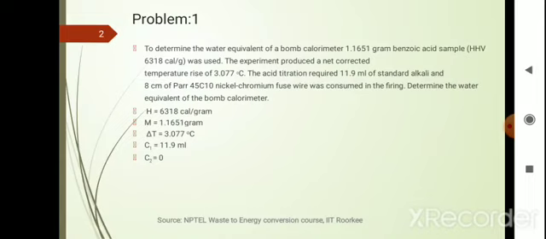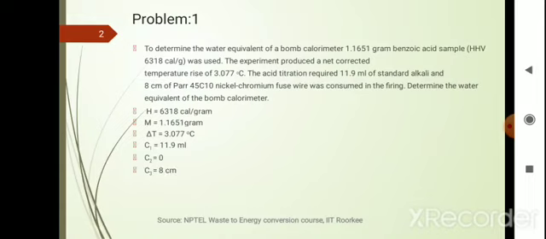Now what is C2? C2 is another error correction which represents the sulfur content of the sample. If the sulfur content is more than 0.1%, we have to correct that also. But here there is no mention of the sulfur content, so we can take C2 equal to 0.